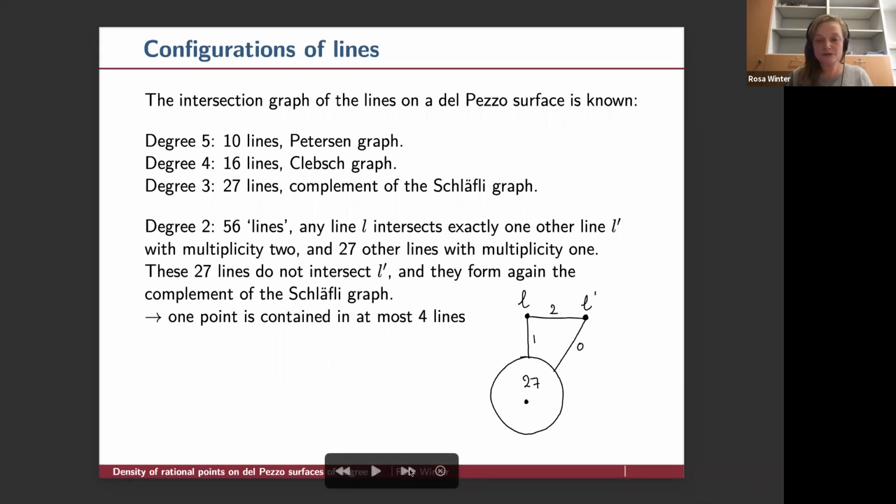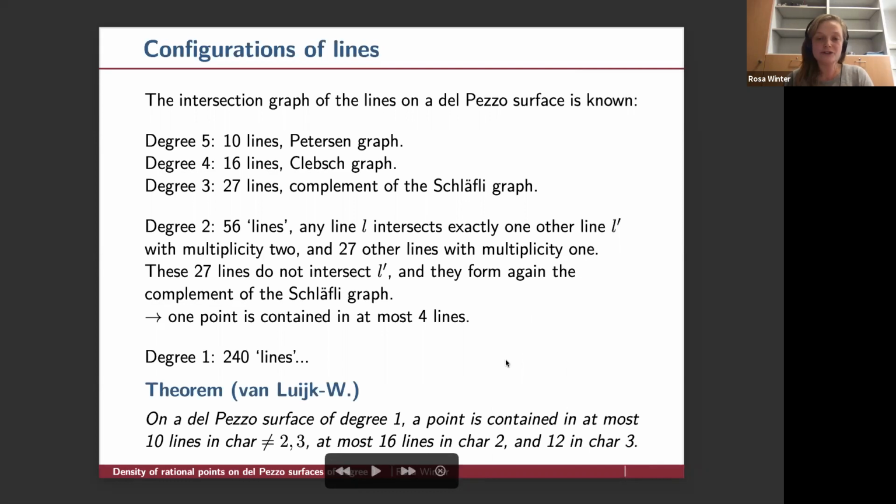But for a Del Pezzo surface of degree 1, this is actually not so trivial to just see from the graph. And this is another result in my PhD thesis together with my supervisor: on a Del Pezzo surface of degree 1, a point is contained in at most 10 lines if the characteristic of the field is not 2 or 3, and at most 16 lines in characteristic 2 and 12 in characteristic 3.